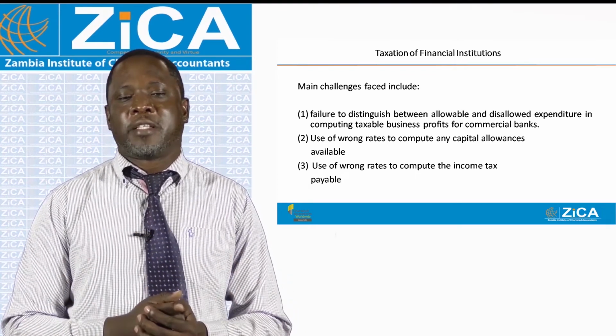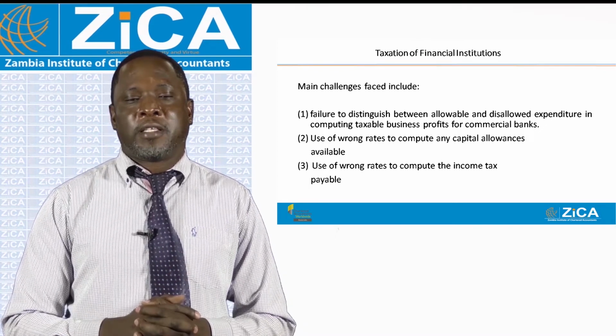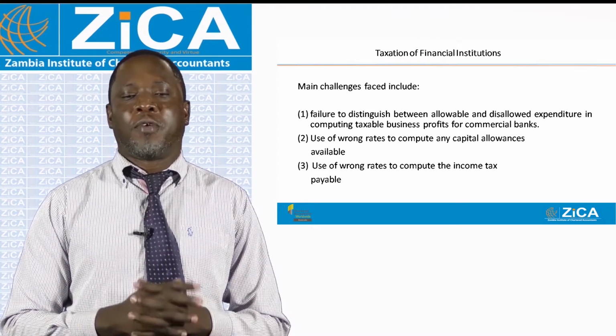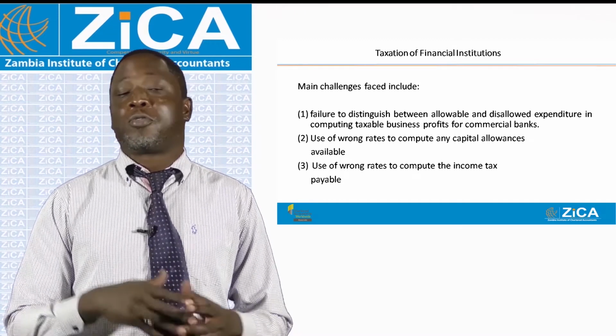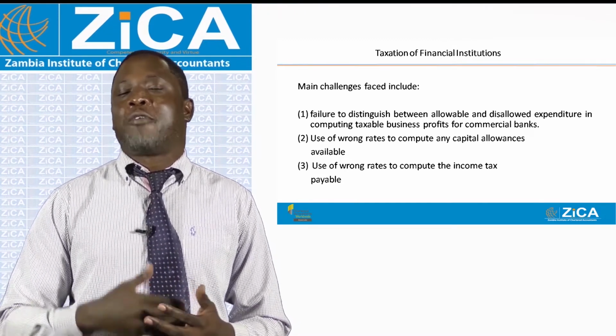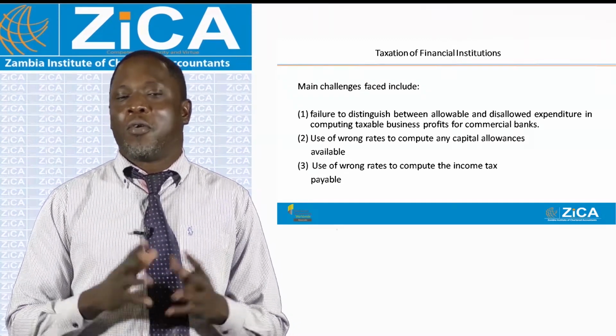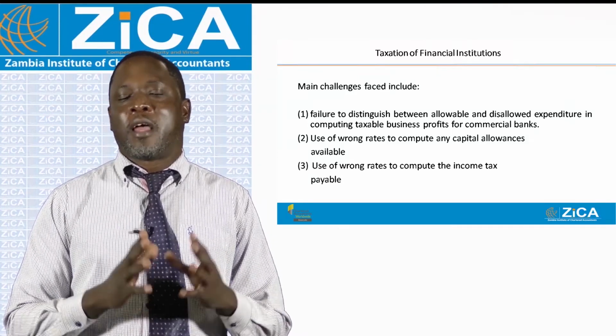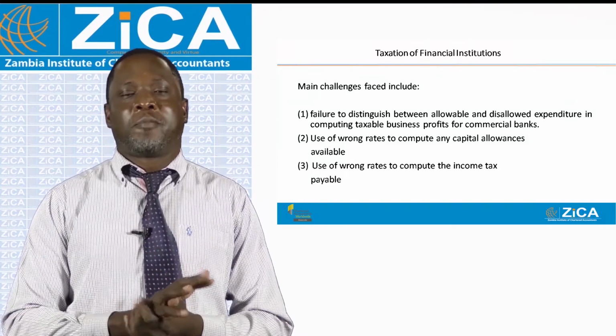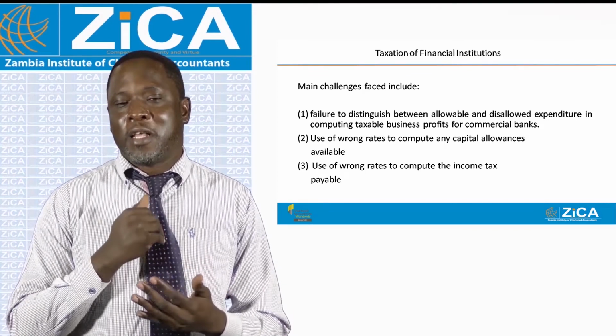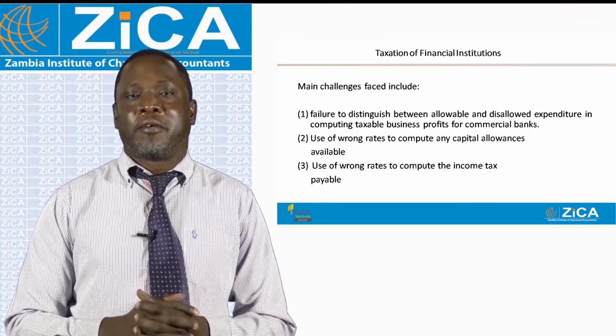Again, use of wrong rates to compute capital allowances, use of wrong rates to compute the income tax payable. So you will see that these challenges are repeated throughout all the other topics, meaning that for you to perform well in this particular paper, you need to make sure that you know these areas thoroughly well.